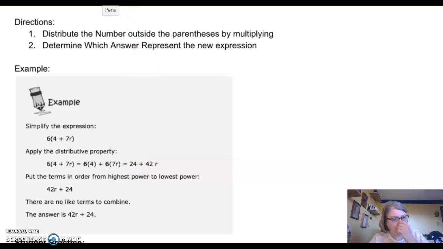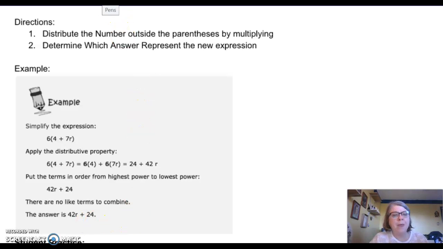And then you're going to distribute the 6 to the 7r, which you see right here, and then they get 42r, and you just leave it like that because as we learned last week, 24 and 42r are not like terms. Usually when we write it, we put the variable term first before the constant term. And then we're pretty much done.